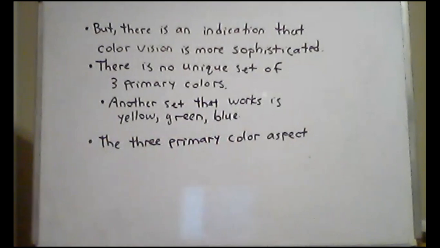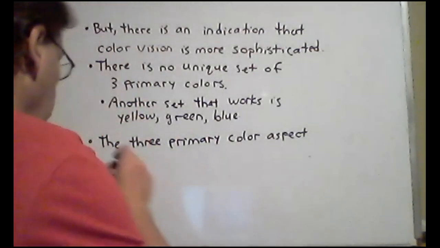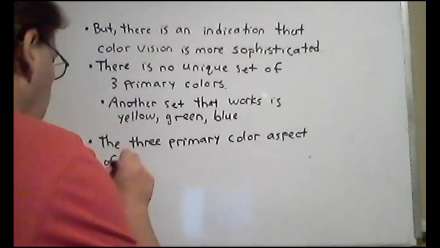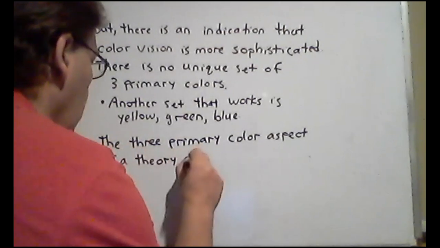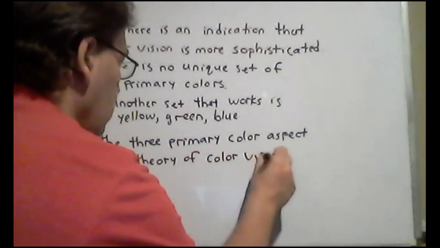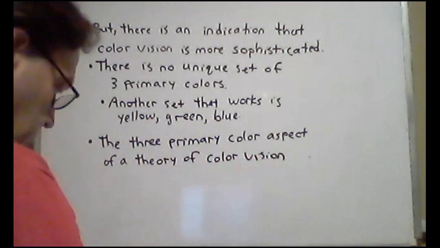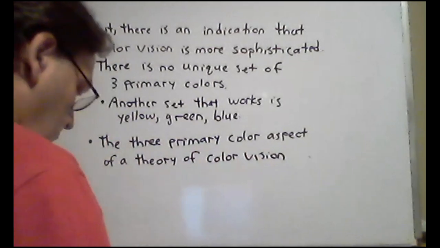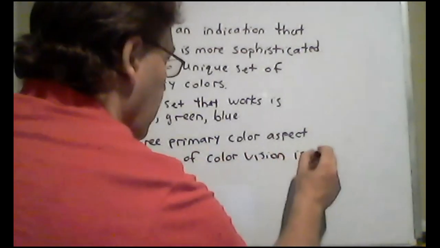The old televisions, the phosphors on a television also work by combining primary colors. But the 3 primary color aspect of color vision, or of a theory of color vision, is well established.